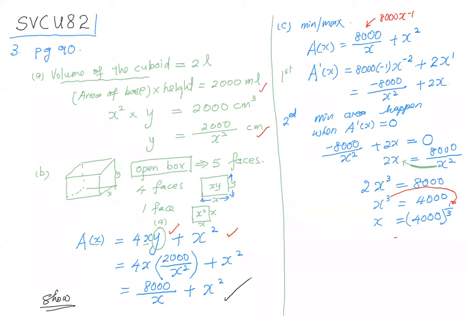Okay, the answer should be 15 point something. Am I right? Yep. 15.89, is it? 87. 87, so 15.87 cm. But what does the question ask for?